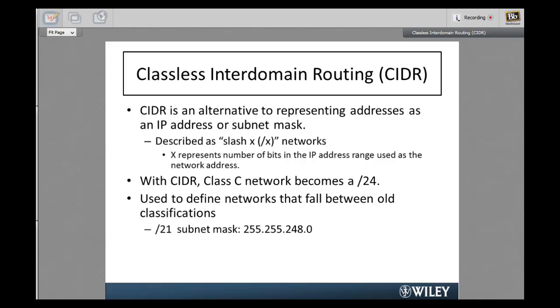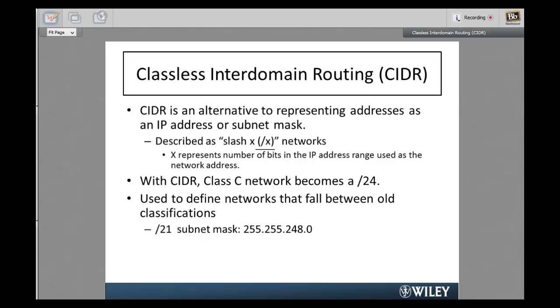Here, this is important also: the classless interdomain routing, which is another name for representing the network without having to write the subnet mask. Okay, it's an alternative representation of the IP or subnet mask. It is by the slash. You type the network address followed by a slash.